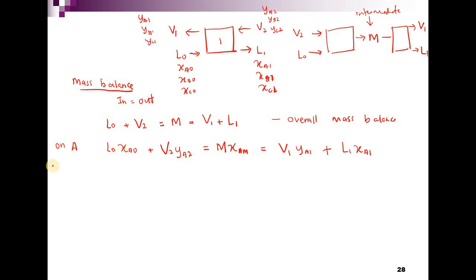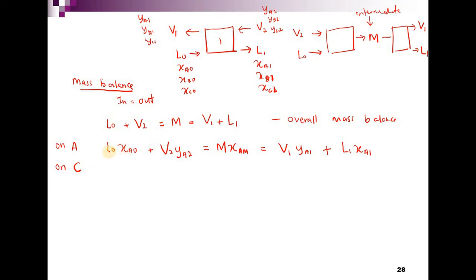Okay, on component C, because we don't know about B. If we can find the value of A and C directly, we can know the value of B, as I mentioned during the class.